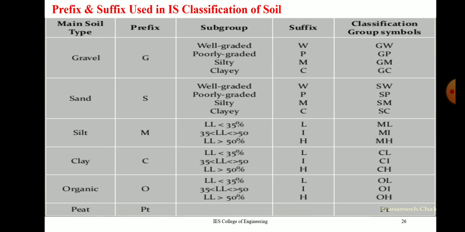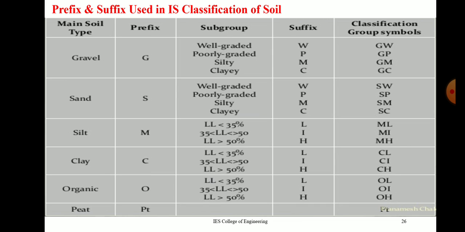Another subgroup is based on liquid limit. If the liquid limit is less than 35, the suffix used is L. L is nothing but low plasticity soil. If the liquid limit is between 35 and 50, the suffix used is I. I is nothing but intermediate plasticity soil. If the liquid limit is greater than 50, the suffix used is H. H is nothing but high plasticity soil.